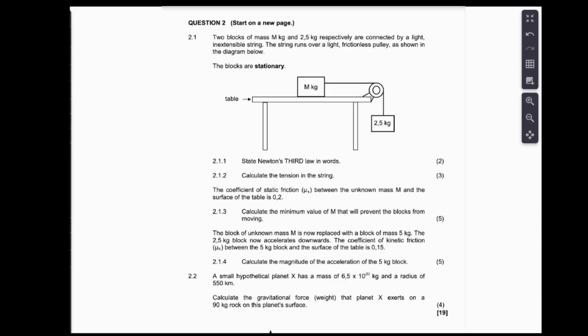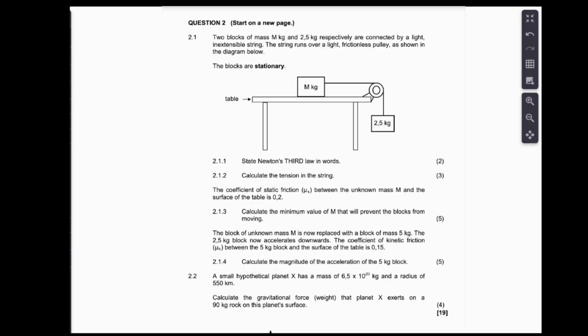Question 2.1.3. Calculate the minimum value of M that will prevent the blocks from moving. We know that we've calculated the weight, and that weight keeps the whole load stationary.